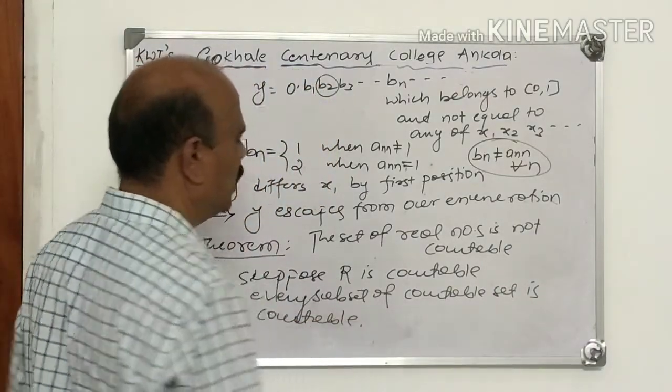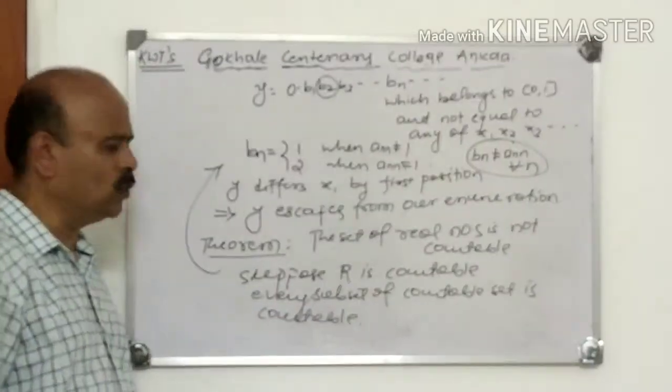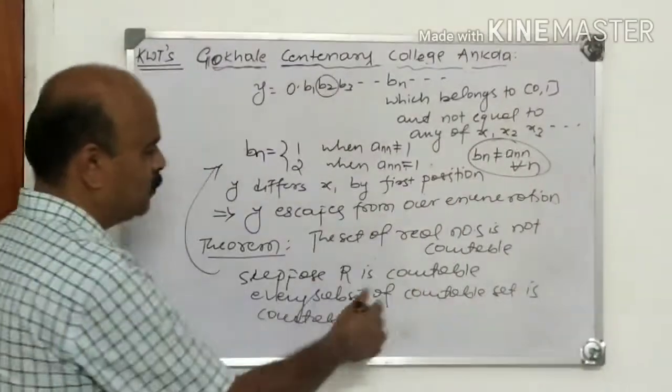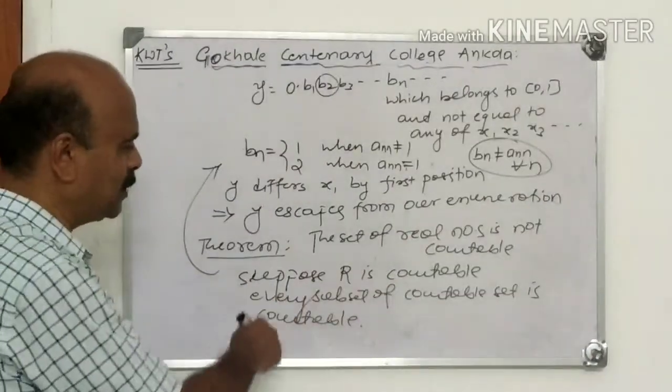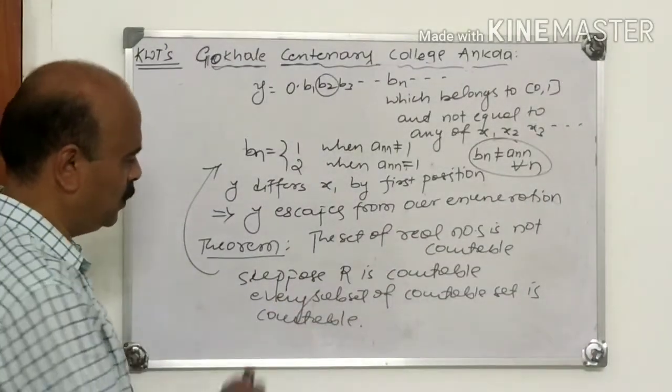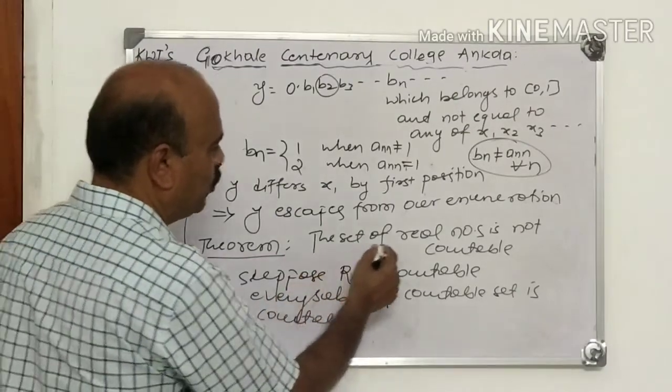Did you understand this one? For that you have to refer to previous videos. I cannot explain this once again. Every subset of a countable set is countable. I have already explained that one. You refer to that proof.